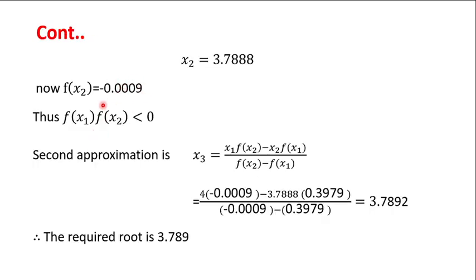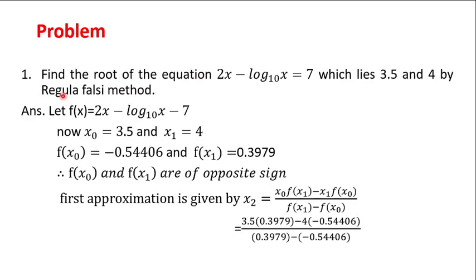We get minus 0.0009. In the calculator we get minus 9.0168 into 10 to the power of minus 4. We convert it into the decimal form like that, minus 0.0009. Here f of x2 is negative, that is less than 0. This negative value replaces the previous function value, that is f of x0.